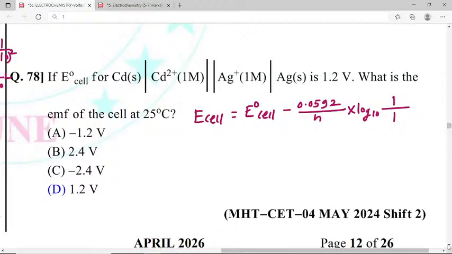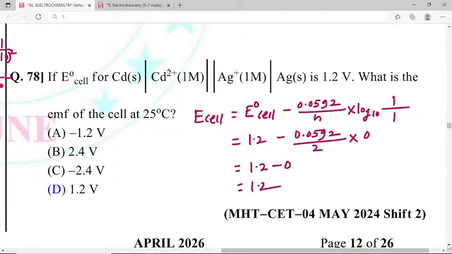E naught cell is 1.2 minus 0.0592 divided by n. What is the n value? 2, multiplied by log 1 to the base 10, which is 0. So this term becomes 0, and the value is 1.2. 1.2 is your answer.